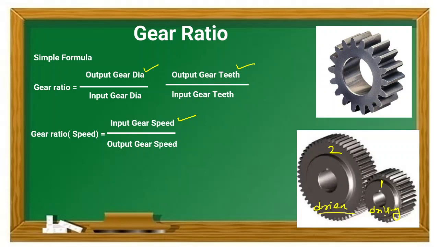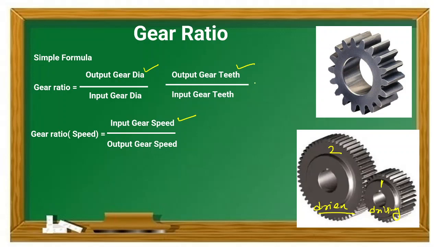What is the driving gear? When the gear is connected to your machine engine or any power source, it is known as a driving gear or the input gear. The gear which is connected to your driving gear is known as a driven gear. So it's input and output. We are using these terms for easy understanding.